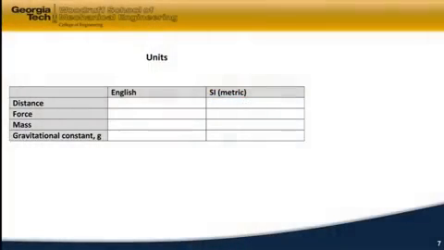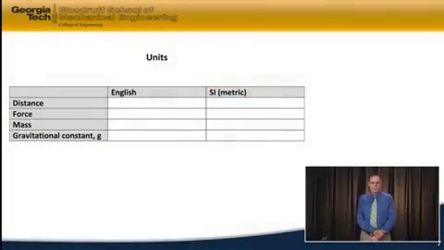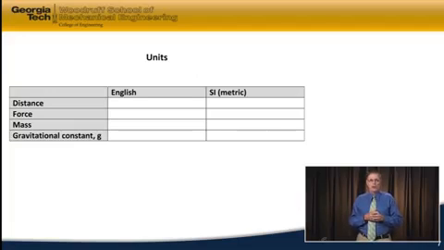So the last thing I want to do in this module is talk about the system of units that we're going to use in the course. There's two systems of units that we're going to use. One is the English system of units, and the other is the international system of units, or sometimes called the metric system of units, and abbreviated SI.